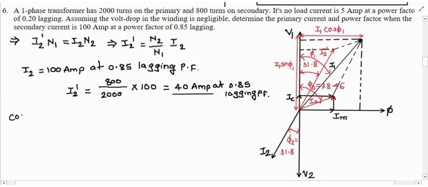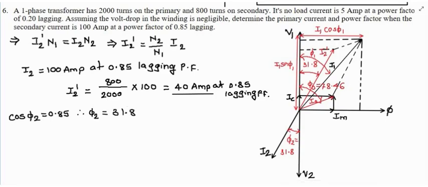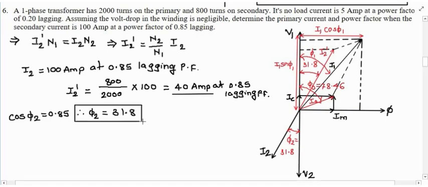So cos phi 2 is given to you, and therefore I can write down phi 2 equals 31.8 degrees, which is cos inverse of 0.85. It means my current I2 is lagging behind V2, as shown in this phasor diagram that I have drawn, by an angle of 31.8. The secondary current lags the secondary voltage by 31.8.